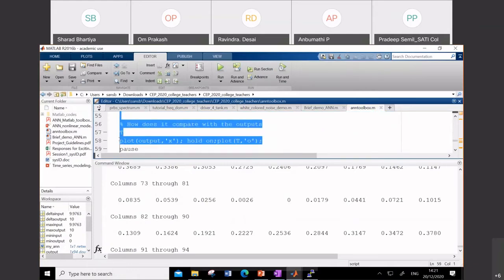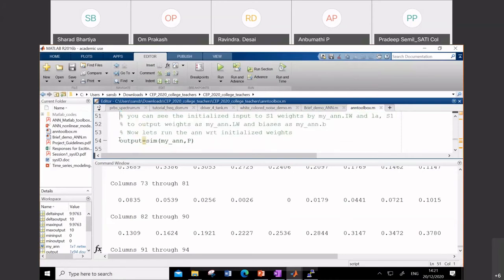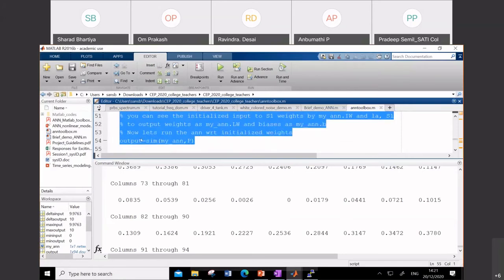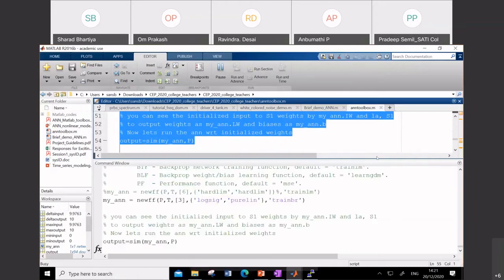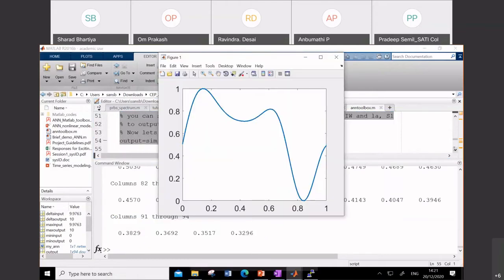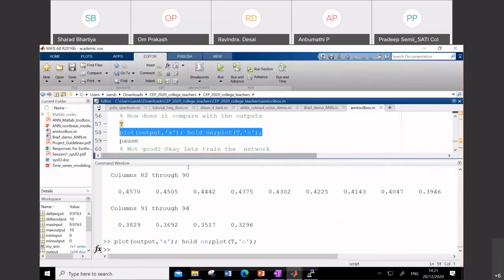So this is the definition. Yeah, so let's run it with just those randomly initialized weights and plot it and see how it works. So let's compare it with the outputs. So we'll plot it and look at that.